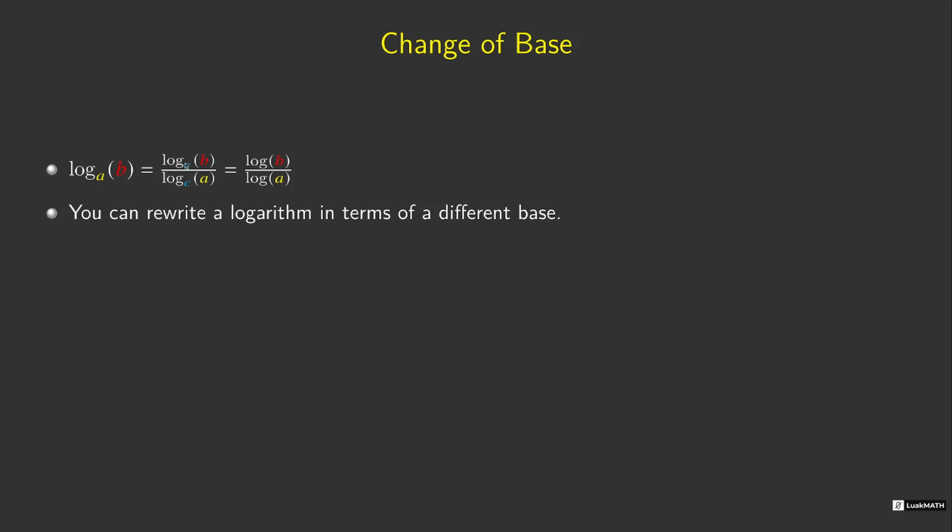I can write it as a fraction this way. It's going to be log of b to base c divided by log of a to base c. You can see now this b goes on top, this a goes in the denominator. And then I invented a new base c. This c could be anything. It could be 1000, it could be 10, it could be 2.